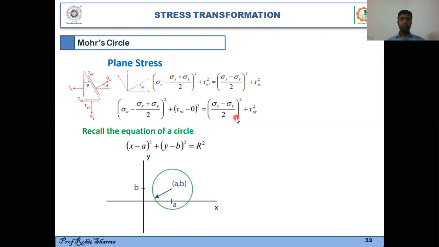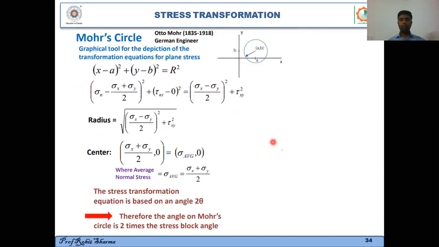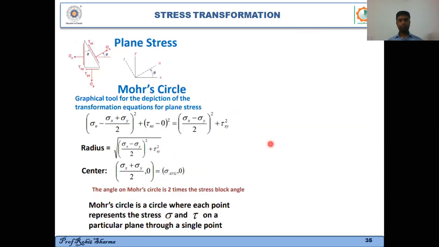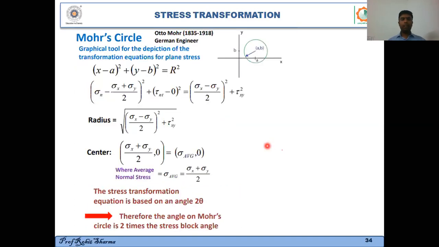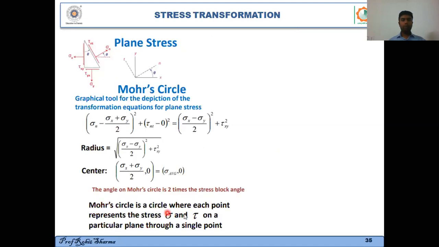So each point on this circle will represent a value of normal stress and shear stress. And again, you have to remember that this equation is based on twice θ, not θ. So Mohr circle is a circle where each point represents the stress sigma and tau on a particular plane through a single point.